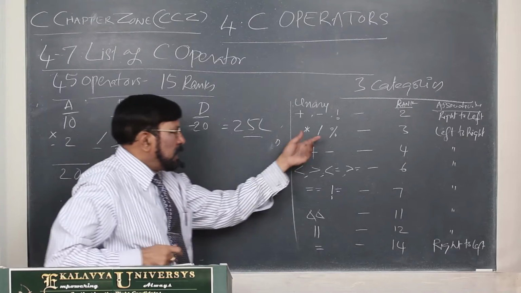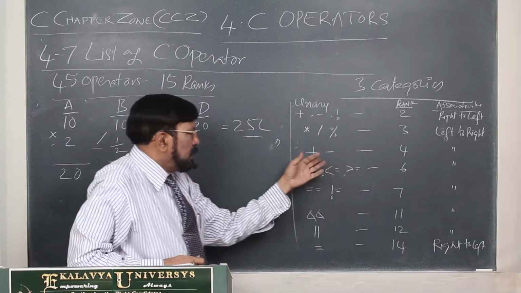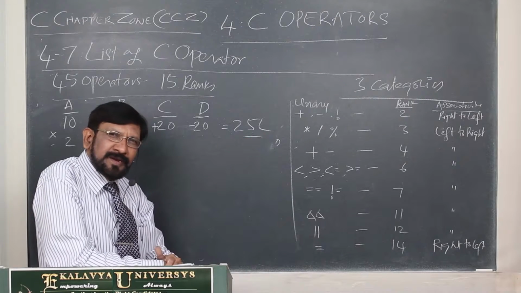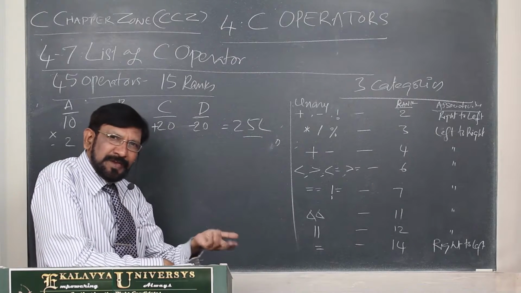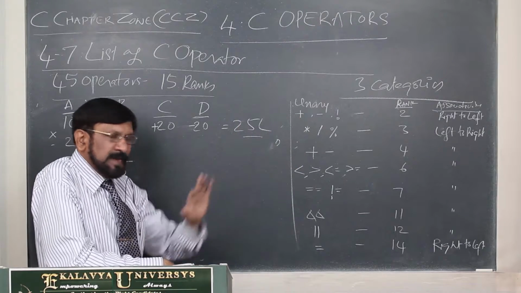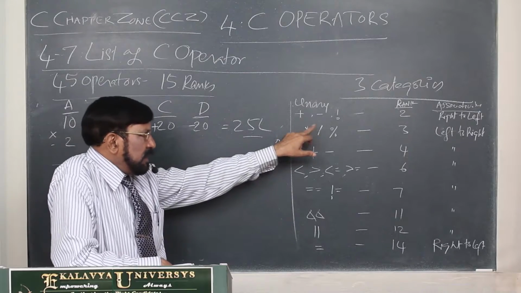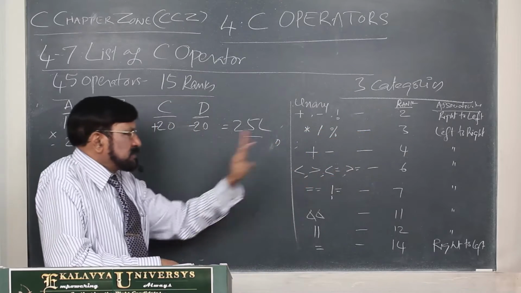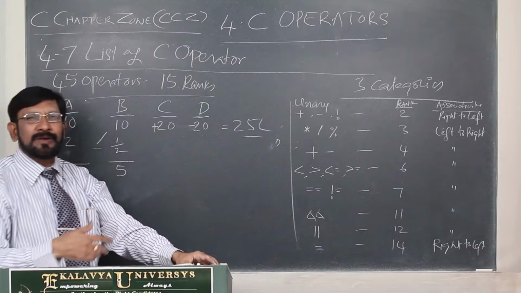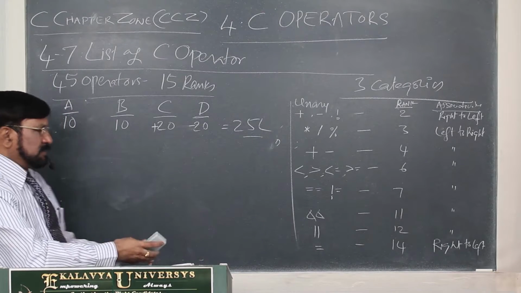So, multiplication, division are having higher rank, and plus and minus are having inferior rank. So, what is your behavior? You can understand that. Even though all these 5 are arithmetical operators, these 3 are having higher rank and plus and minus are having lower rank. Okay.